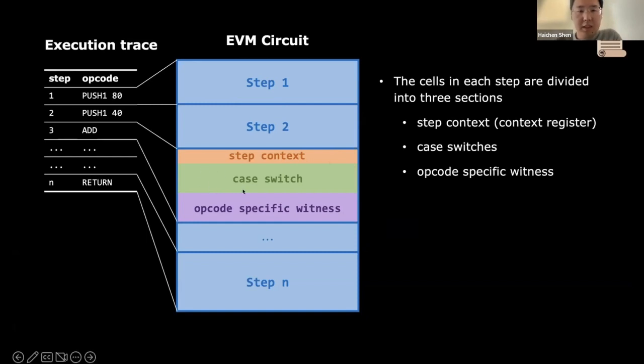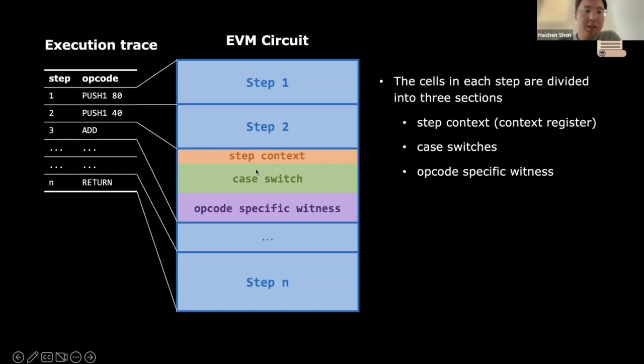And then second is the case switch. Here the case switch is an array of selectors, but the selector is more like an advanced selector, so it's not a fixed selector. In Halo 2 columns, the selector is usually a fixed column. But here the case switch has configurable selectors, and each cell inside the case switch can be only 1 or 0.